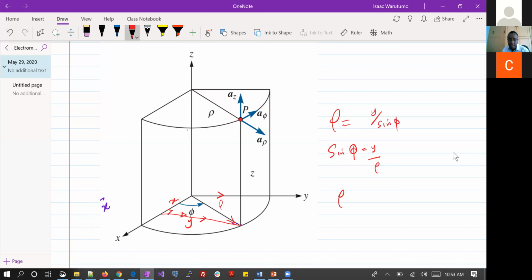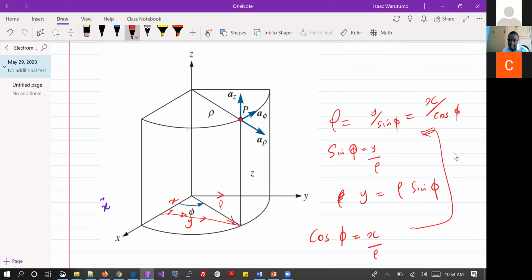Or alternatively, you might say y can be expressed in terms of rho as y is equal to rho sine phi. Similarly, you might say that cosine of phi is equal to x over rho. And therefore, you might still express your rho as x all over cosine of phi.